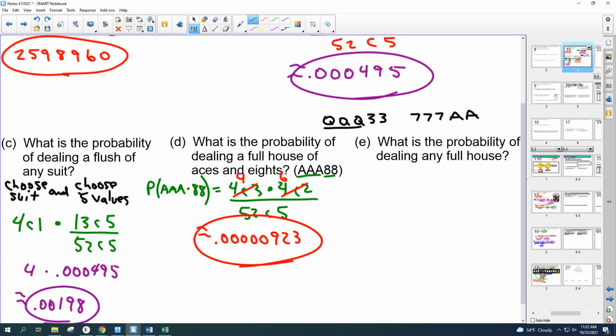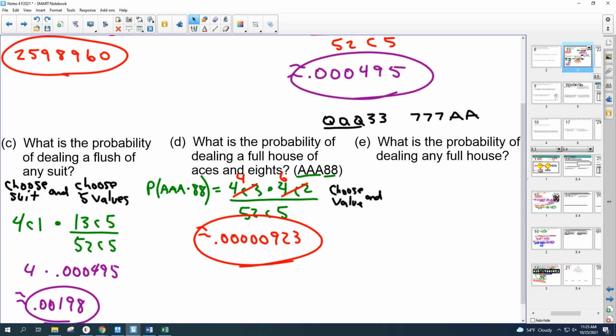All right, so let's nail it down first. I'm going to choose a value, and once I choose queens, once I know I'm going to deal myself queens, then I have to figure out which queens I want to get.